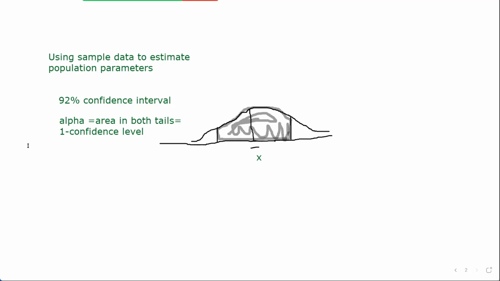So if this is 92 here, or 95 or whatever it is, let's say 92, then I have area in either tail, and those are symmetric. So my tail area is going to be 1 minus 0.92.